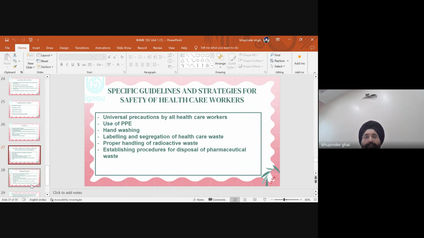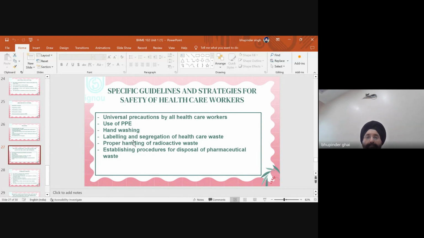So what are the specific guidelines and strategy for safety of healthcare worker? The first is universal precautions for all healthcare workers. Then use of personal protective equipment. Then hand washing.